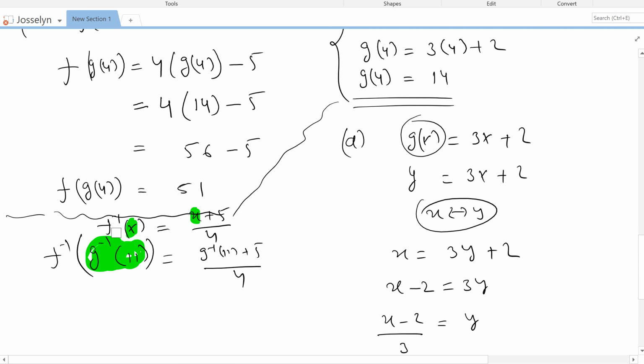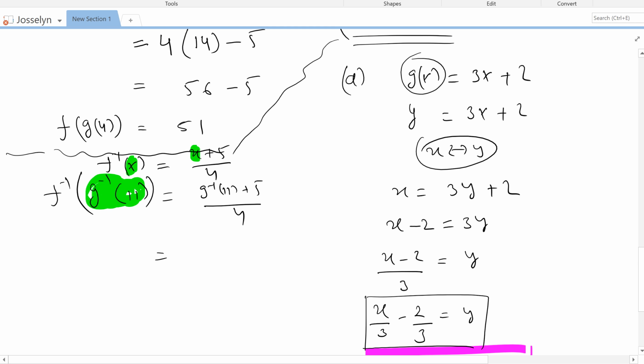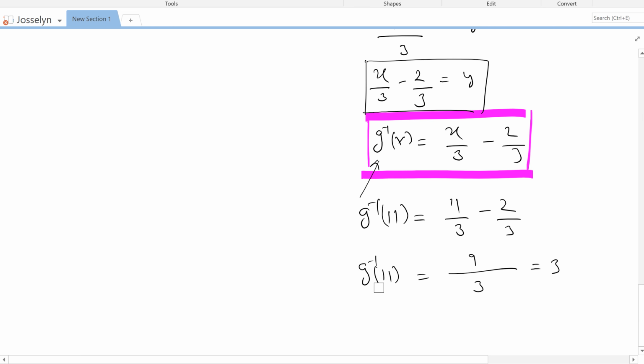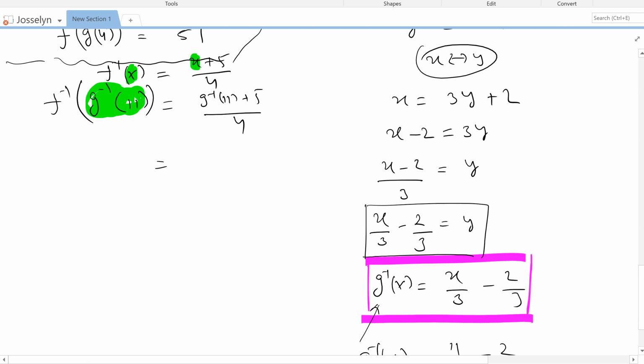F inverse g inverse is this. Now, is this step understood? Yes. Good. Now you substitute the value, and the value was 3. G inverse 11 was 3, so 3 plus 5 divided by 4. So we got 8 divided by 4, which is 2. So f inverse of g inverse of 11 is 2. That's the answer.